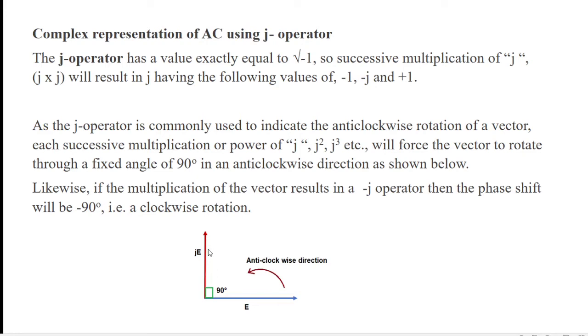If j is applied on the vector je, the new vector j square e will be 180 degree apart in anti-clockwise direction from the original vector e.